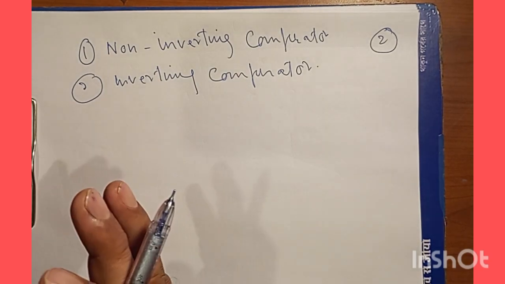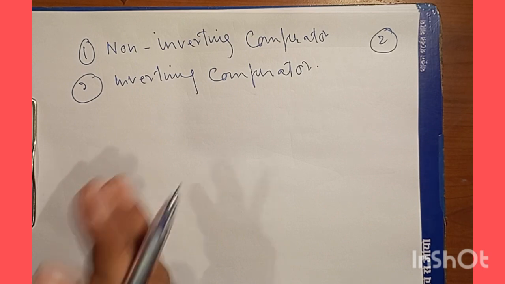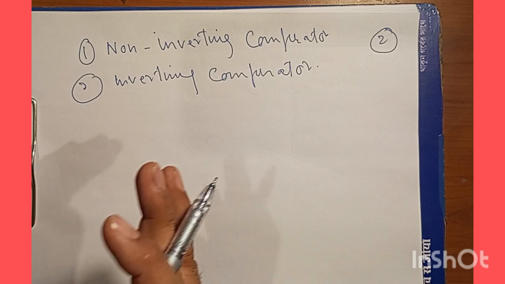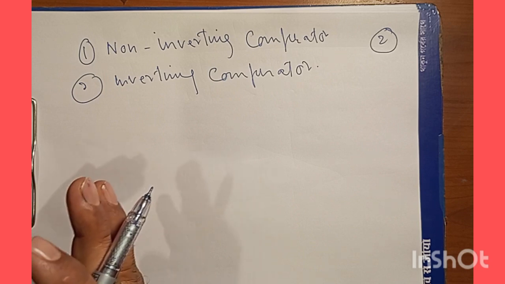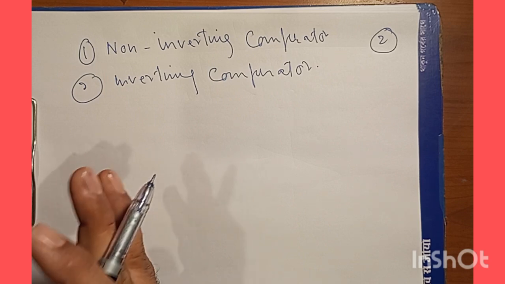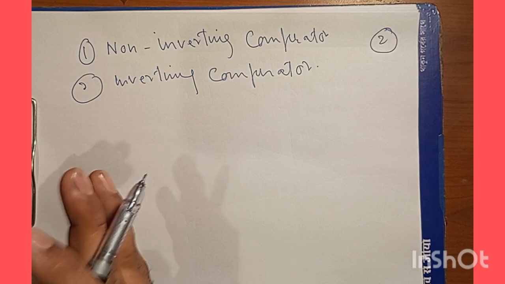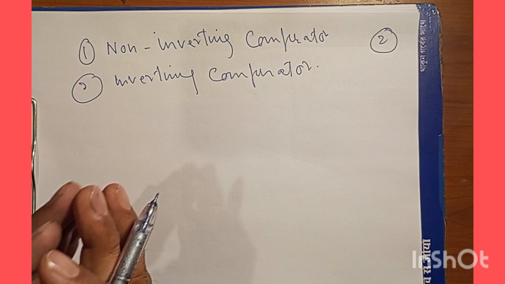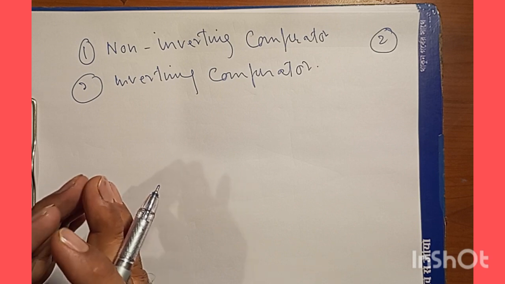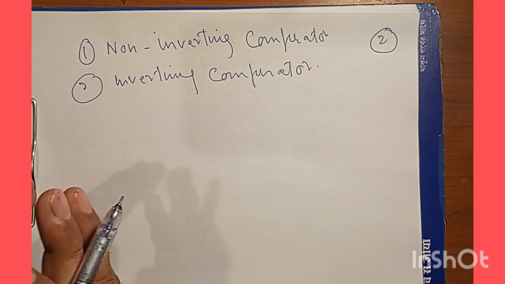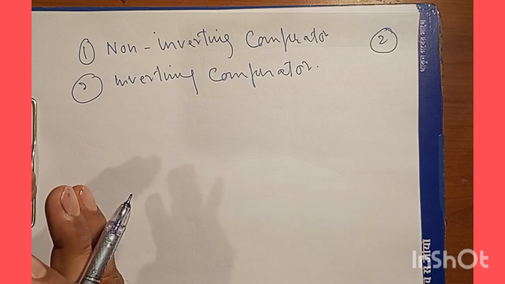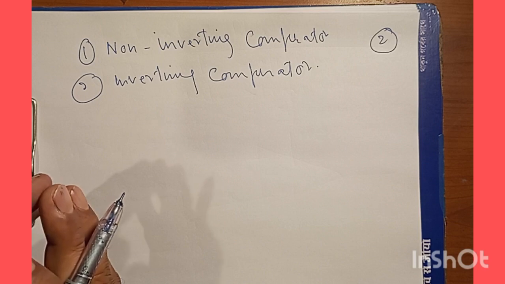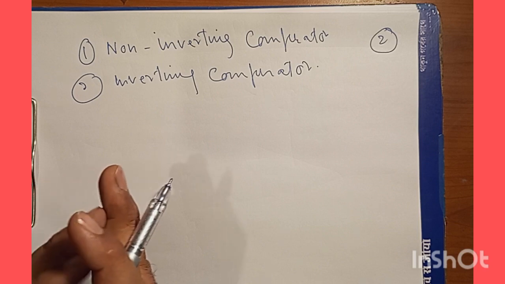In case of using operational amplifier as a comparator, we have two inputs, and the main job here is to compare. That's why we call it comparator. And we have a reference voltage which is always DC in nature, and we have a signal which is AC in nature, and this voltage has to be compared with the reference voltage, right?